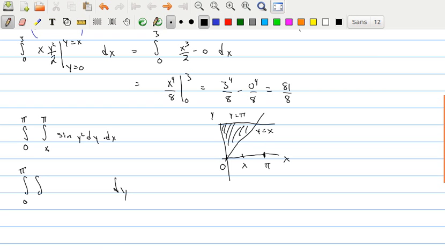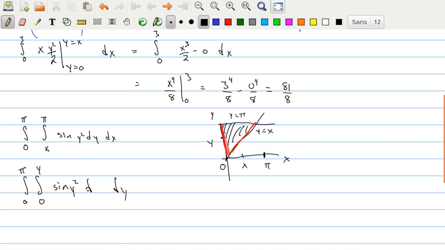In the original integral, those were x limits. In this new integral, those are y limits. So we integrate from 0 to pi. Now, given a y value, the x's range from this line here, from x equals 0, out to this line, x equals y. So our limits of integration are now 0 to y. And now the integrand stays the same.